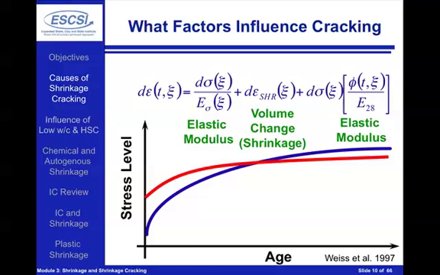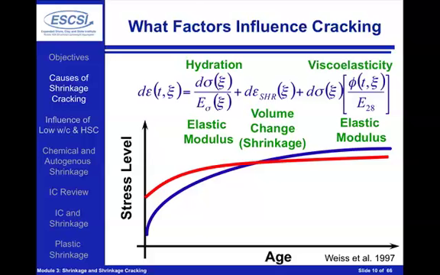So in addition to now shrinkage and the elastic modulus, we know that the degree of hydration is going to play a role here with the elastic modulus and the aging coming into the picture. All of a sudden, we're going to start to see things like the strength developing. We're going to see the elastic modulus developing in the system. So hydration plays a role.